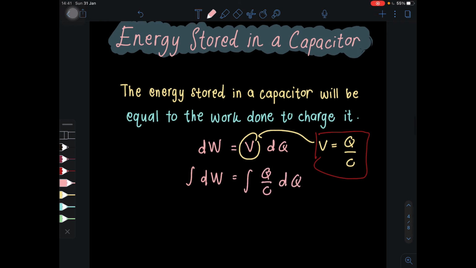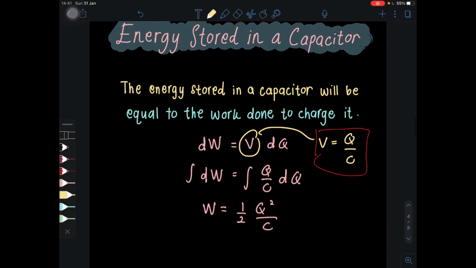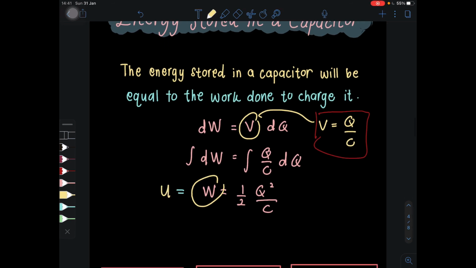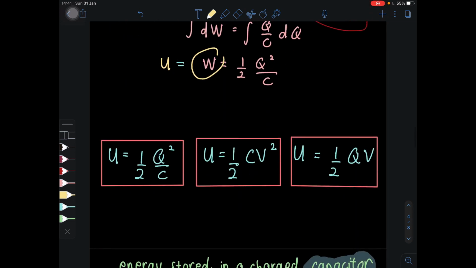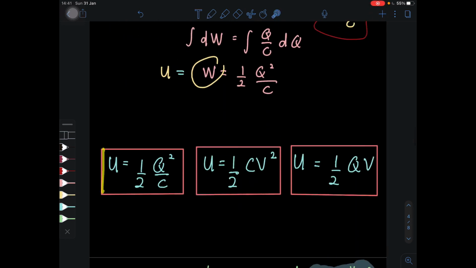So apabila integrate, we get W will be equal to 1 over 2 Q square divided by C. So okay, work done dekat sini adalah sama dengan, since dia cakap sama dengan energy store is equal to work done, right? So dekat sini maksudnya U akan sama dengan 1 over 2 Q square over C, which is this will be the final formula for energy.